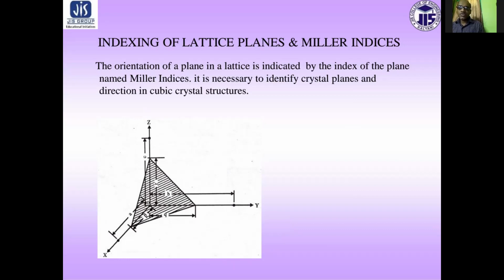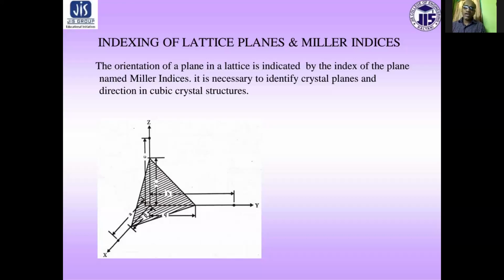So now, first of all, in this figure we can see the procedure of finding the Miller indices of a plane. In this figure, three axes, x, y, z, are shown, and on them a crystallographic plane is shown as a hatched area.